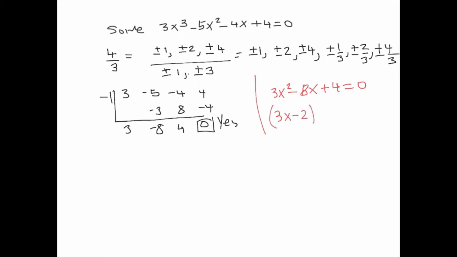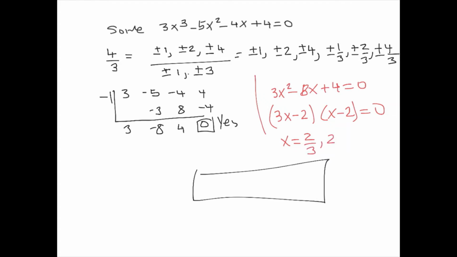I get (3x minus 2)(x minus 2) is equal to 0, which means x is equal to 2/3 and 2. And now, what are the solutions? The roots are going to be 2/3, 2, and which one did we try? -1. Okay, so those are the answers.